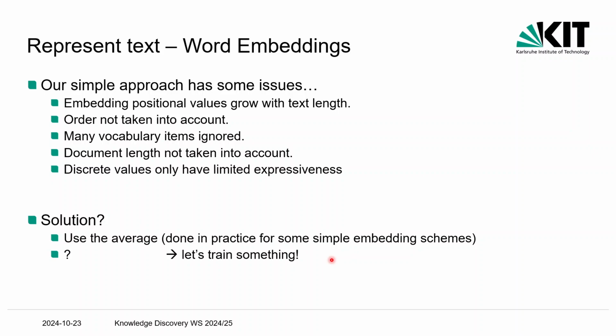In our case, there's many vocabulary items that are also ignored because we just took 5 different ones and chose the 5 most important ones for our task. And well, document length is also not taken into account. And here, this is the important one that's leading us to the next slide: discrete values only have very limited expressiveness.